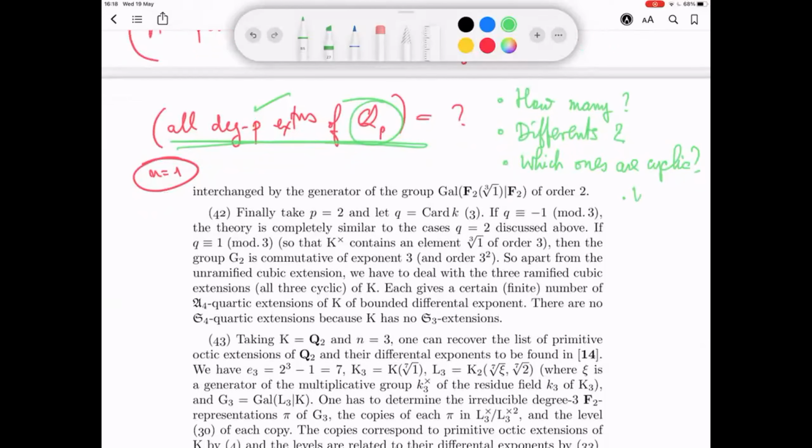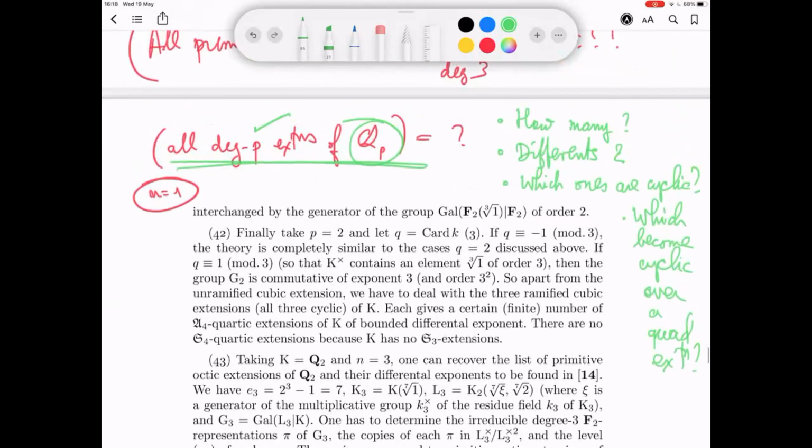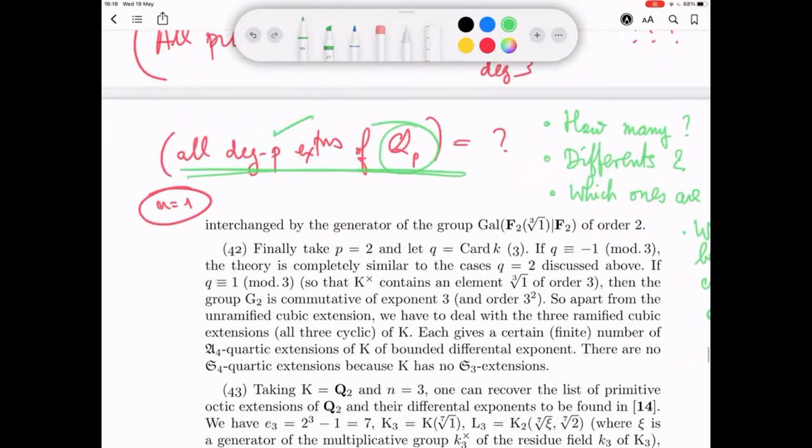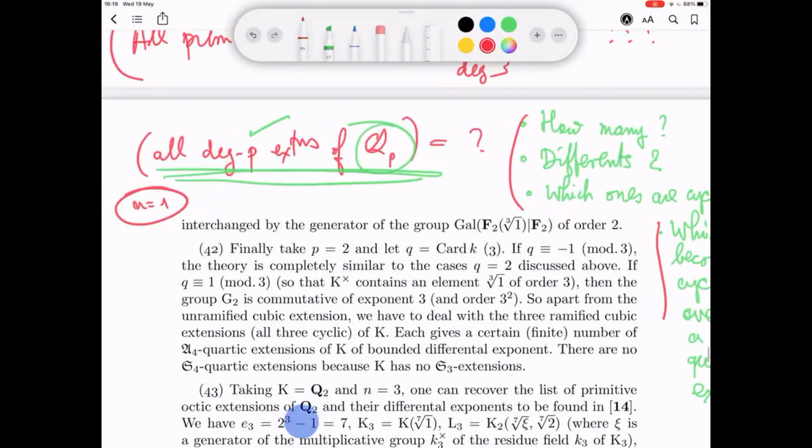Which become cyclic over a quadratic extension? You can ask various kinds of questions. And whatever we have done answers all these questions.